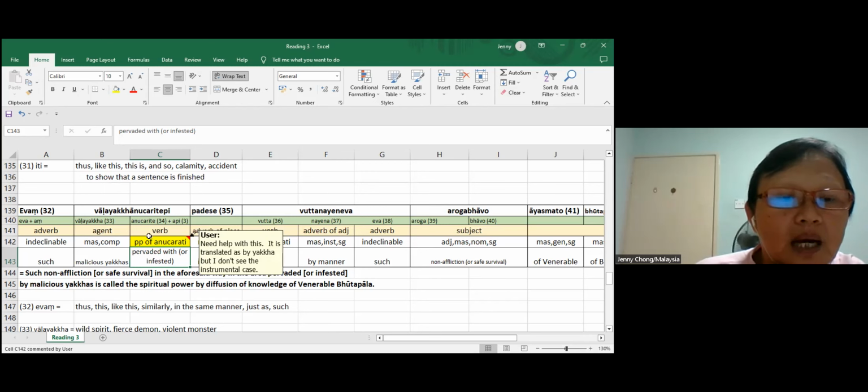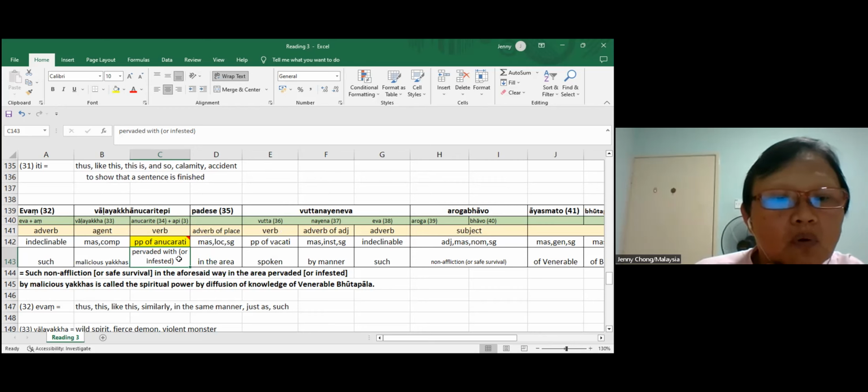And the anucharitepi is translated as pervaded with or infested. So padese is an adverb of place, masculine locative singular, in the area.